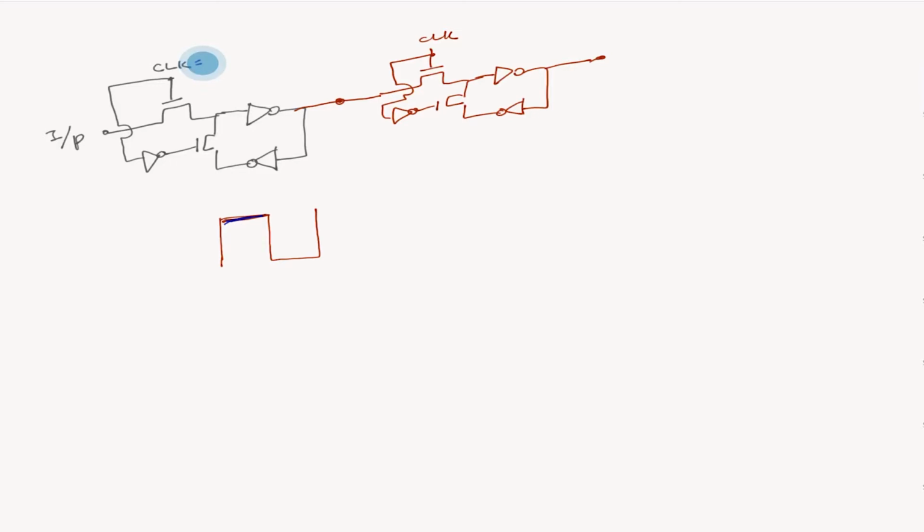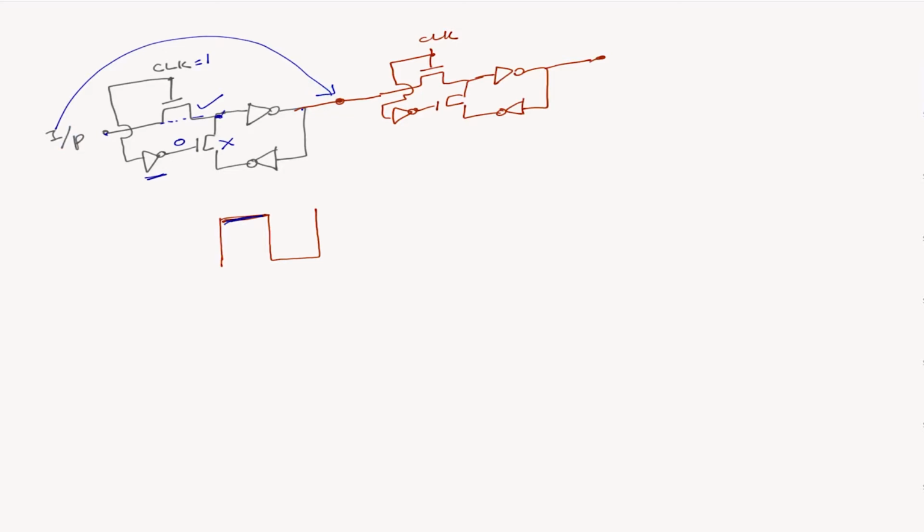When clock is 1, since there is this inverter, this output will be 0. So this NMOS is on and this one is disconnected. What's happening is that we are writing the input onto this point. Whatever the input is goes to the inverted output, so we are writing onto this node.